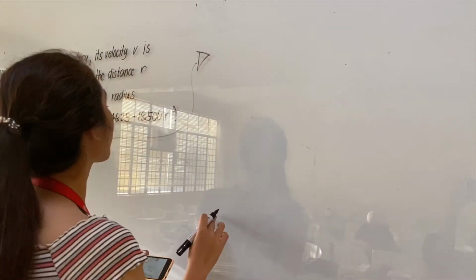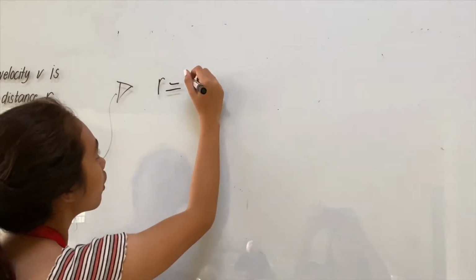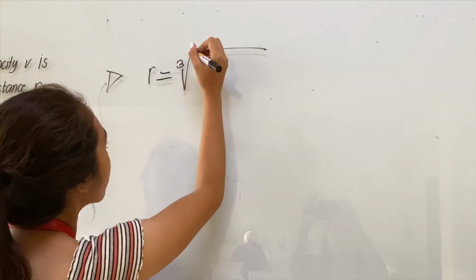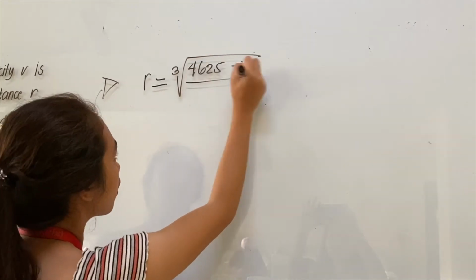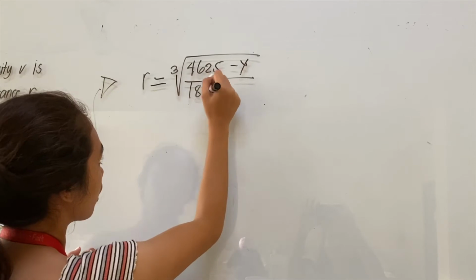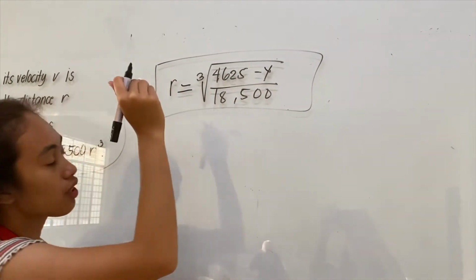So we cancel the cube root, which gives us r equals the cube root of (y - 4625) over negative 18,500. This is the inverse function.